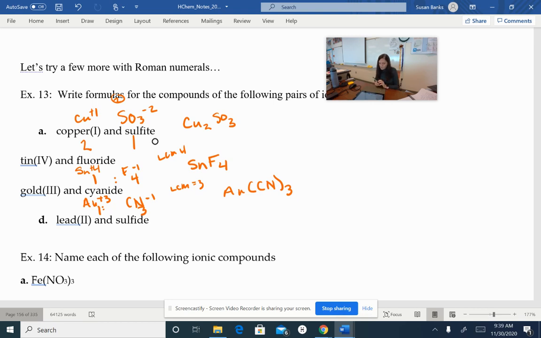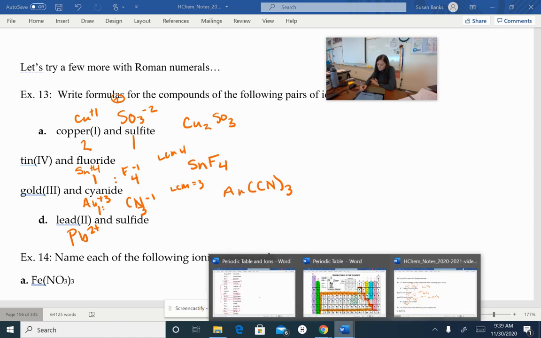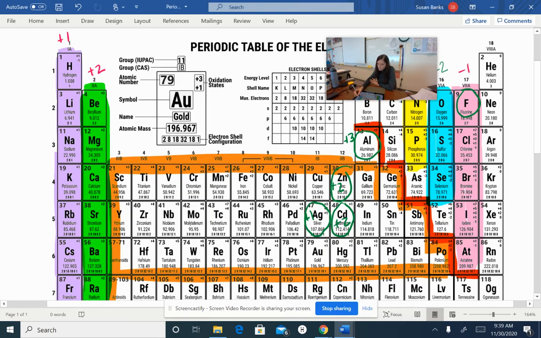Okay, how'd you do on that one? All right, lead 2. So lead is a positive 2 charge, and sulfide. Sulfide is not one of our polyatomics. Sulfide comes from sulfur. So let's look at sulfur.